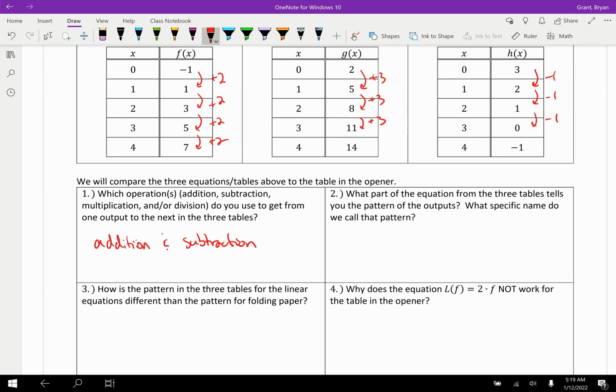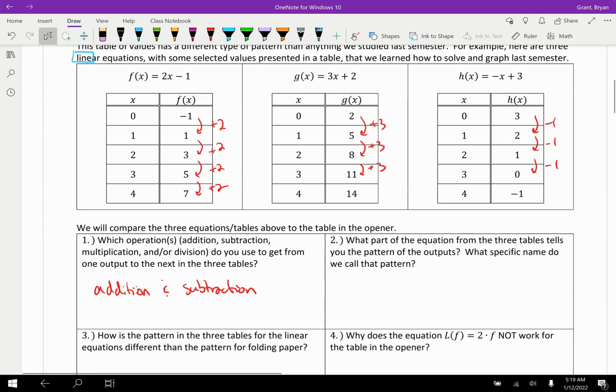Alright, well, what part of the equation up above the tables tells us the pattern of the outputs? Where do we see a +2, +3, and a -1? And this is a little counterintuitive, a little opposite of what you might think, because this +2 doesn't add or subtract. This +2 actually multiplies by x. 3 multiplies and -1, that's hidden, multiplies times x.